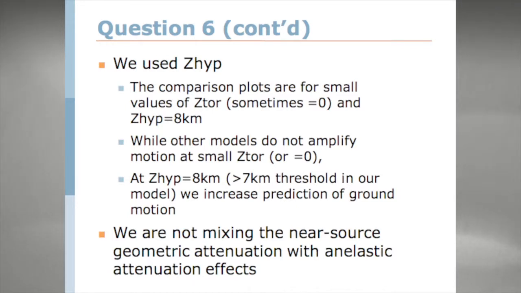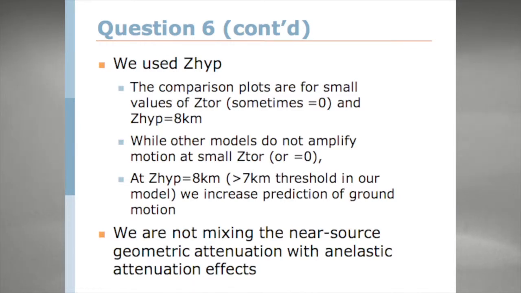So that can be a source of the difference between our model and the other models. Because if you plug in 8 kilometers, which is obviously a little bit more than the 7 kilometer threshold, we get an increase in our model. So that can be one source of the difference between ours and others at high frequency.